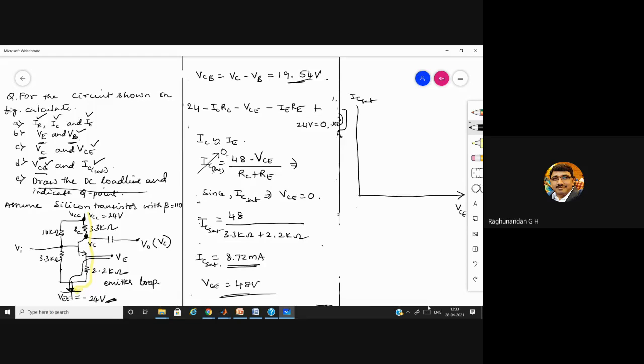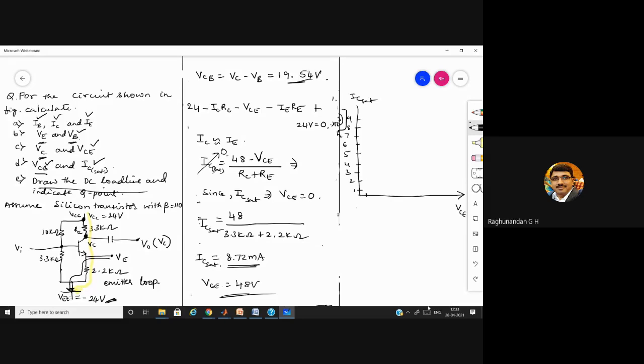We mark 8.72: 1, 2, 3, 4, 5, 6, 7, 8, 9.